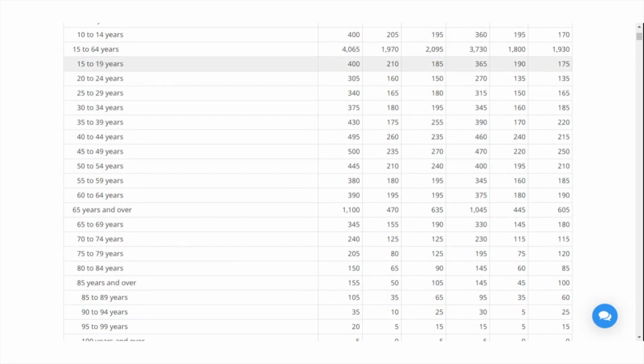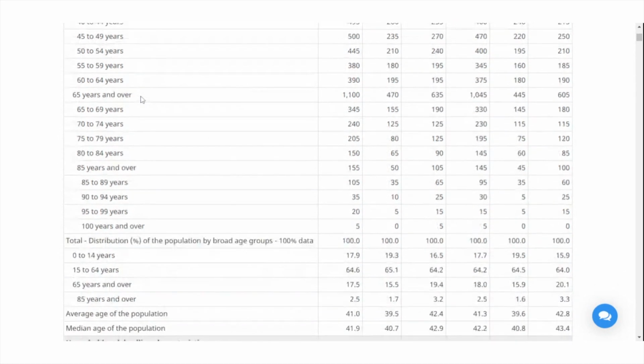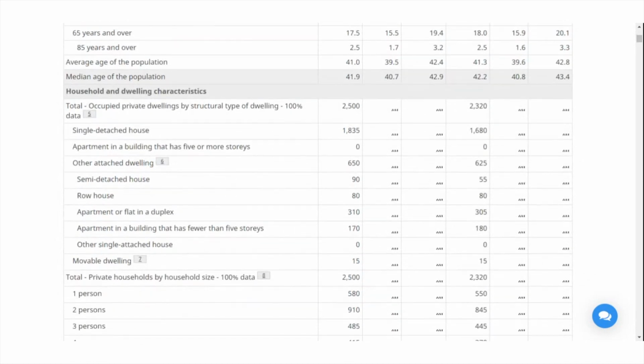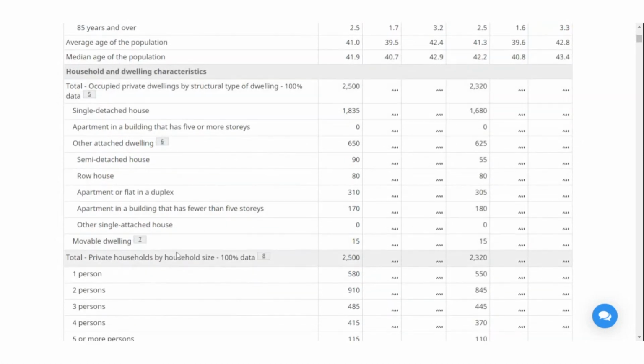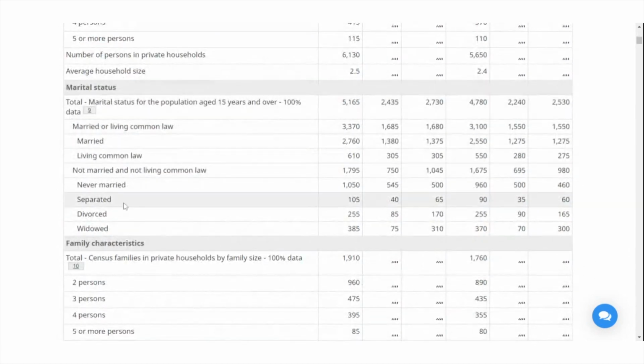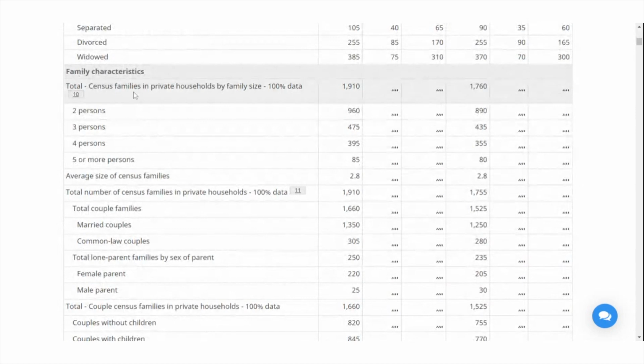It's a phenomenal bit of information. This is really good for market research because it breaks it down into 5-year categories. It will also give you household and dwelling characteristics, types of houses. It will give you marital status.